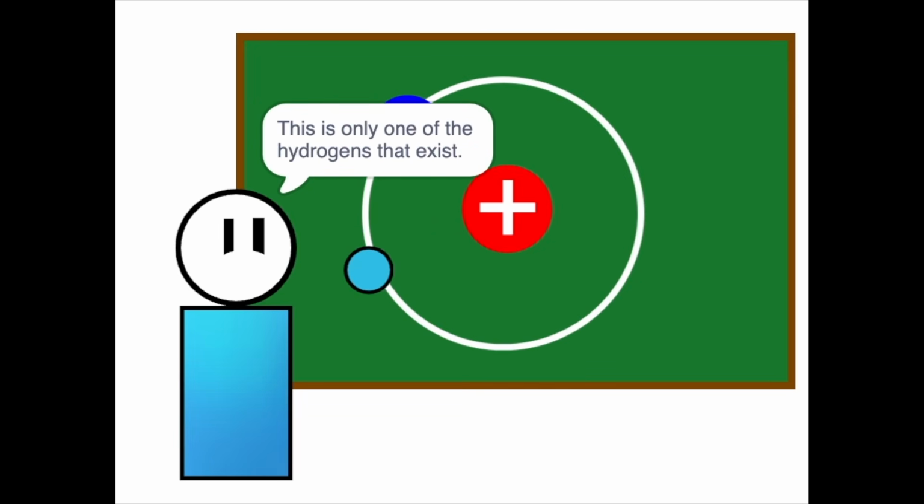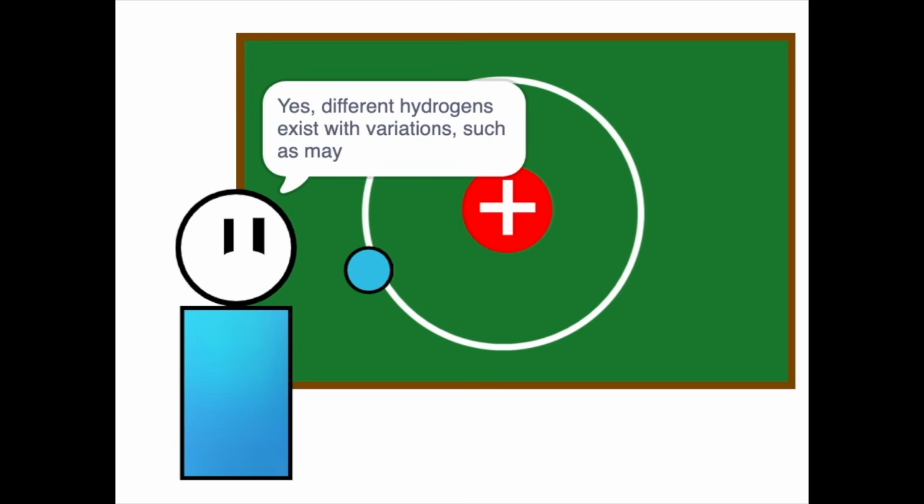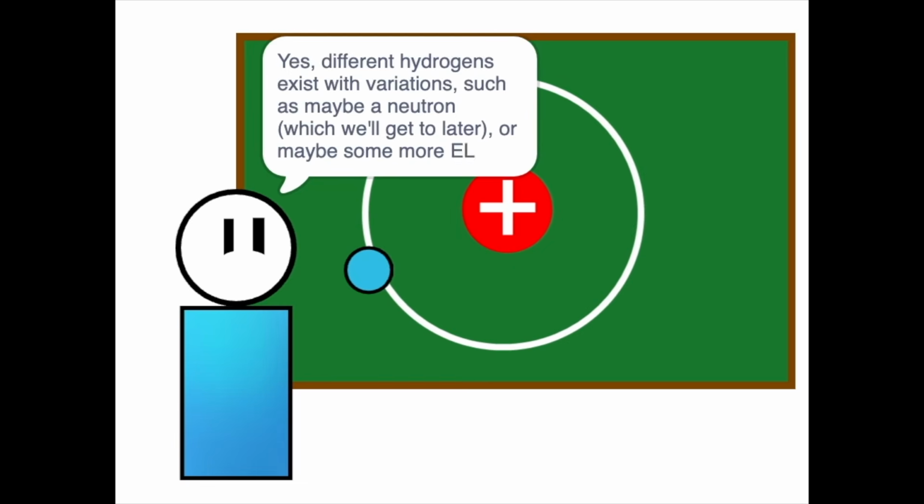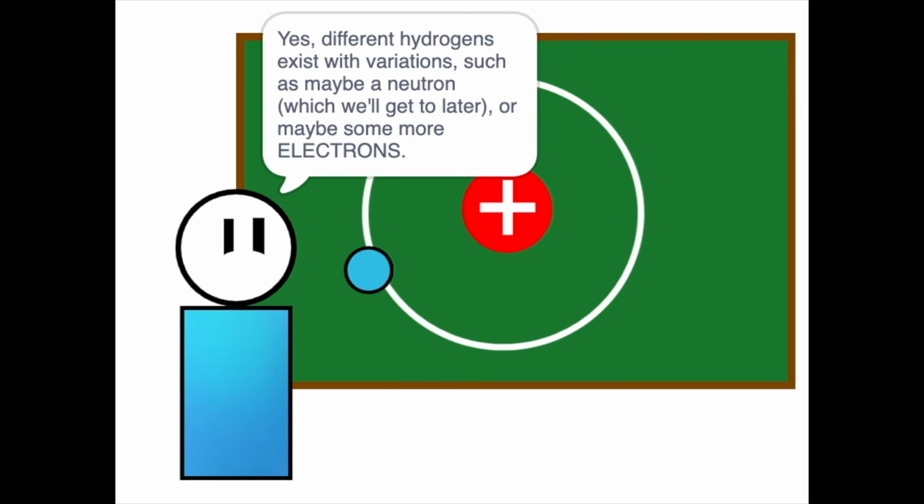This is only one of the hydrogens that exist. Yes, different hydrogens exist with variations, such as maybe a neutron, which we'll get to later, or maybe some more electrons.